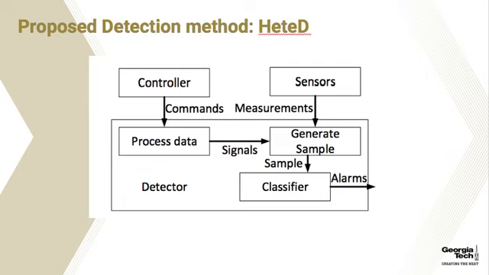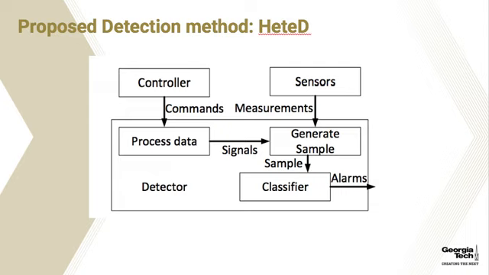Every unit time, HETED receives sensory data from the sensors and commands from the controller. Commands are transmitted to the process data step, and this component modifies these commands as a series of signals and then sends them over to the generate sample component.